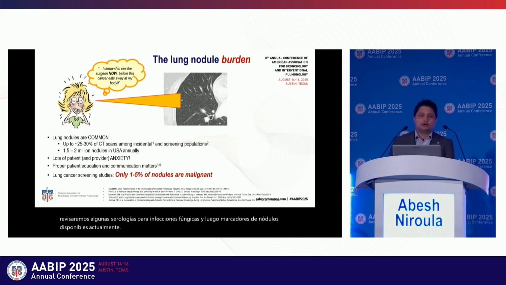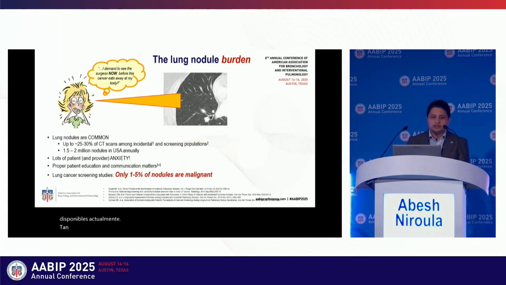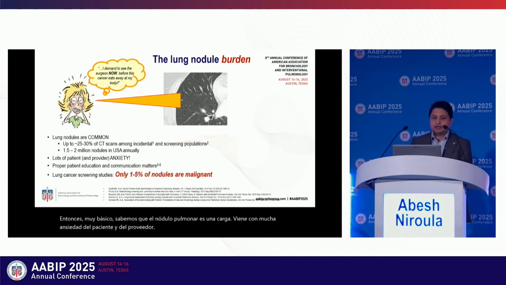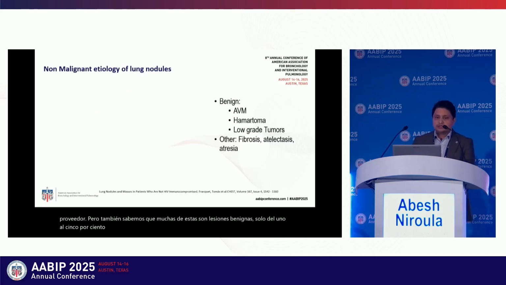So very basic, we know that lung nodule is a burden. It comes with a lot of patient and provider anxiety. But we also know that a lot of these are benign lesions. Only 1 to 5% are malignant. So the etiologies of non-malignant causes can be different. Benign lesions like AVM, hematoma, and low-grade tumors, fibrosis, atelectasis.